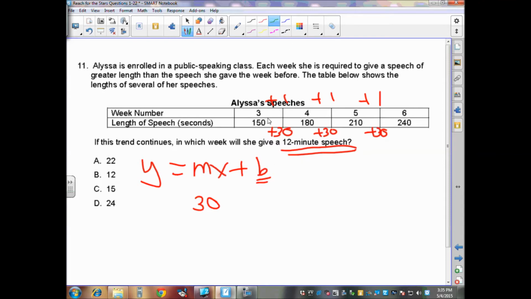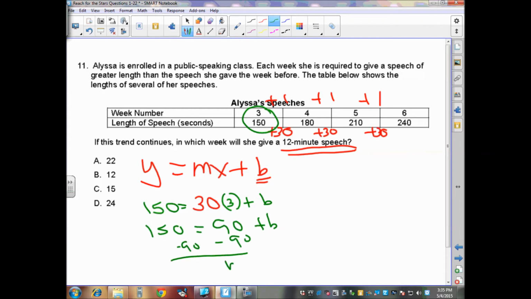What we can do is plug in any of these ordered pairs. I'm going to use the easiest one. Subtract 90, and we get b is 60.